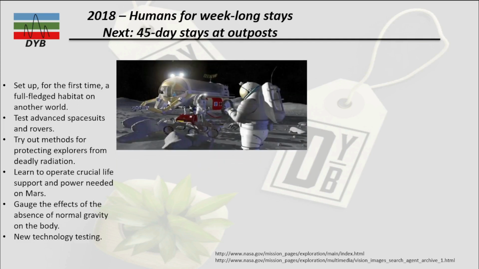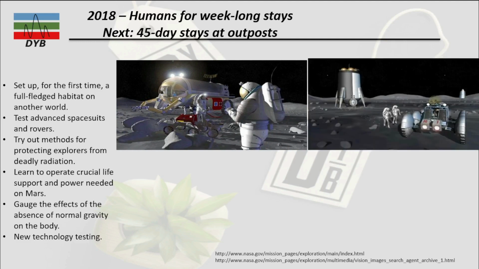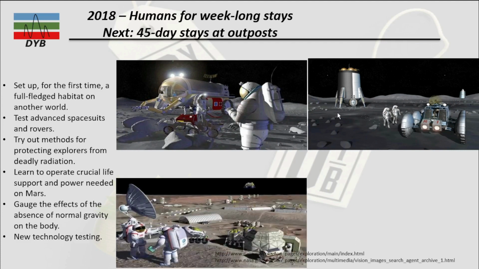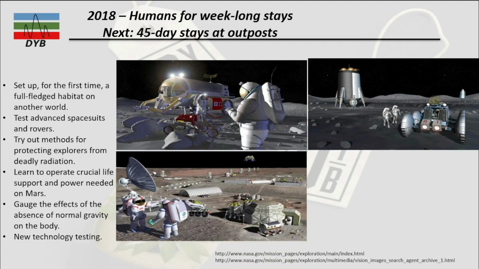During this time they set up, for the first time, a full-fledged habitat on another world, which is the moon. They also tested advanced space suits, the suits which they wear, and the rovers, the cars we can call them, and tried out methods for protecting and exploring from deadly radiation coming from the sun.